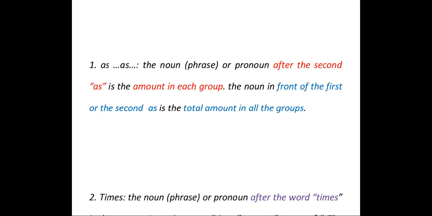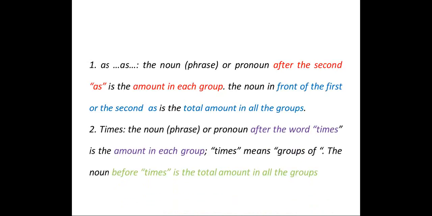Okay, now let's see times. How do we use the word times to find the amount in each group, or the total amount in all the groups, or the number of groups? In word problems, we often hear or see sentences like, the amount of money you have, say it's 3 times the amount of money I have.